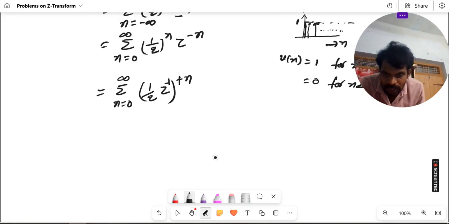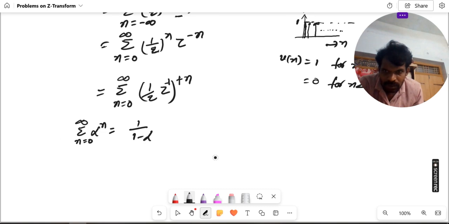We know that summation n is equal to 0 to infinity alpha power n is equal to 1 by 1 minus alpha.